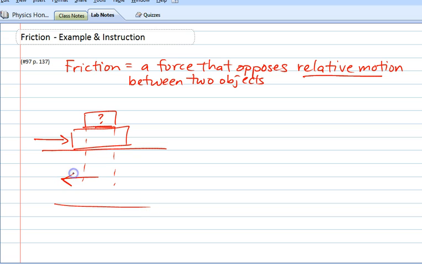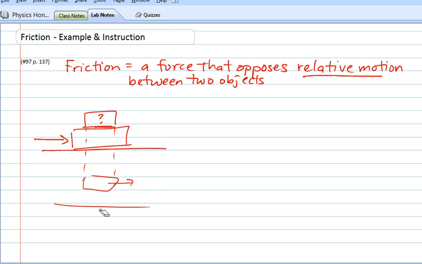Does it move backwards? Well, you can try this and find out that, as a matter of fact, that top block ends up moving forward. So that's just one way of saying that friction doesn't necessarily have to point backwards on an object. It always opposes the relative motion between two objects.